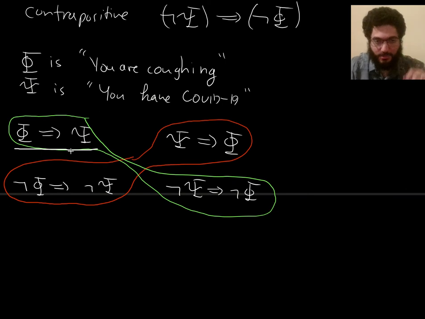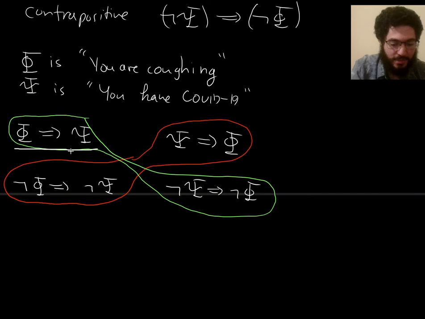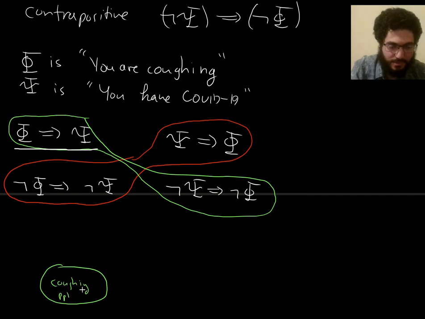There might be other people who have COVID-19 who are not coughing. So what I imagine is something like this for the green situation. There are coughing people, and that's a sub-collection of the people who have COVID-19.